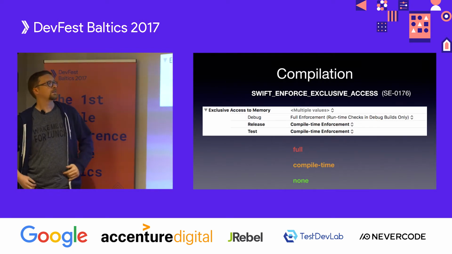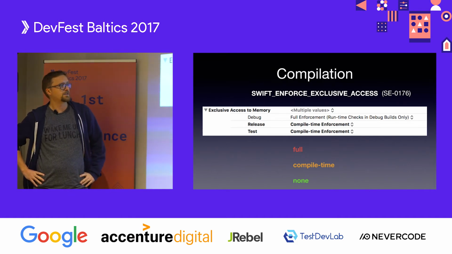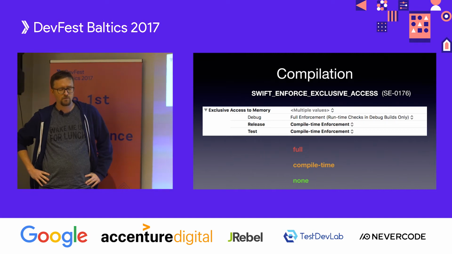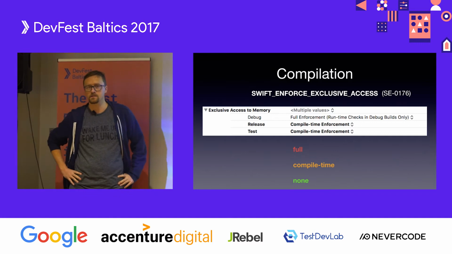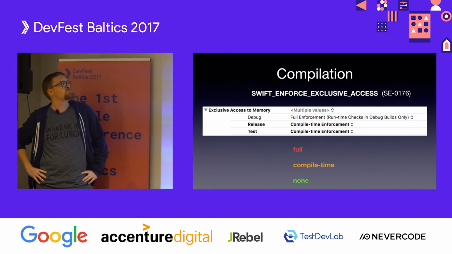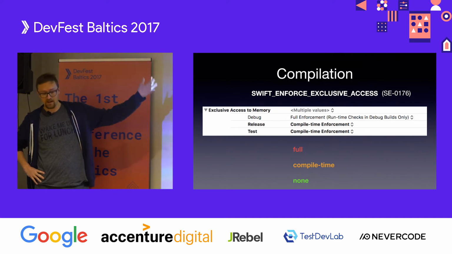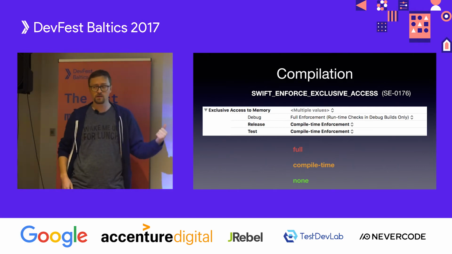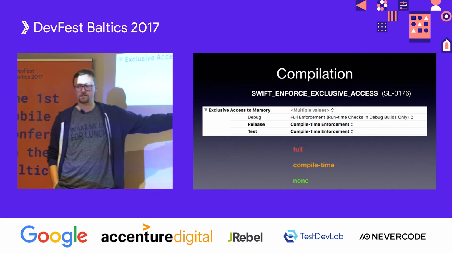This is the new setting, set up for Swift 4. It's the first part of memory ownership. There's a manifesto available in the Swift repository about memory ownership, and this setting is about checking access to memory. Basically, what can we do with this setting? We have full check.